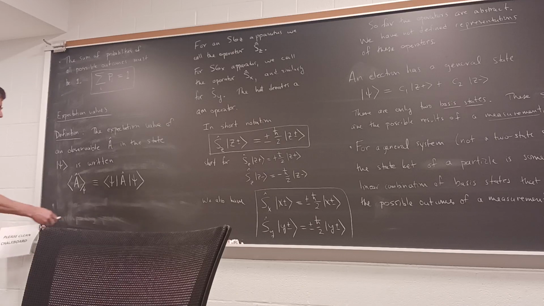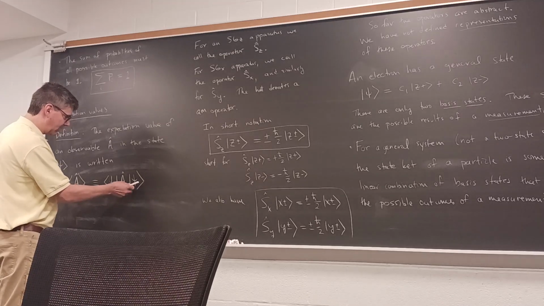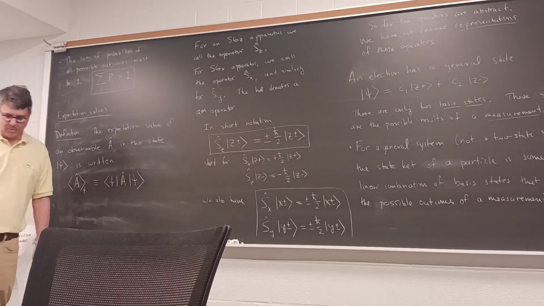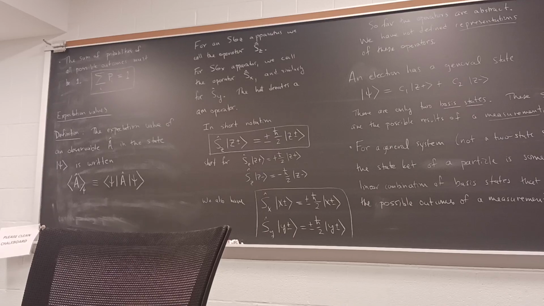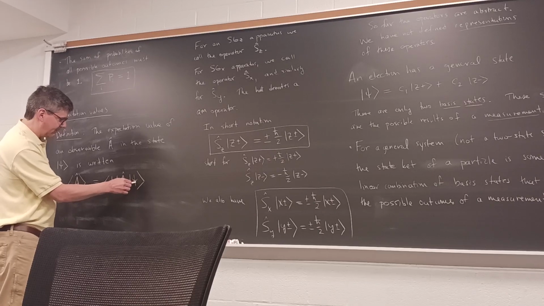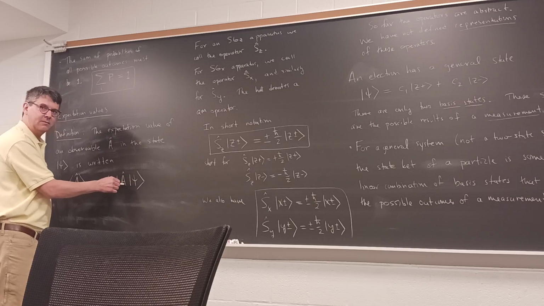Okay, another way to think about this is, when we were talking about amplitudes for processes, you can think of this in the following way. I start off in the state psi. A is an operator that does something to psi.